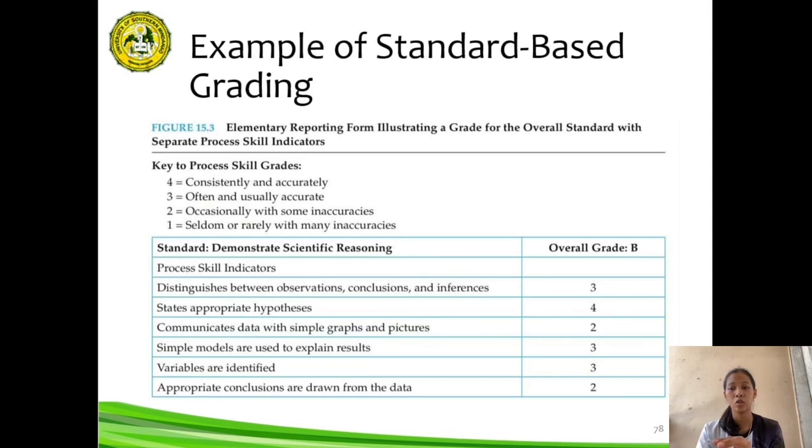Ito yung skills na nakapaloob sa standards na need ma-attain ng students. So the key to process skill grades, ito naman yung scale na gagamitin ng teacher para i-rate or score yung bawat indicator or yung specific skill na nakapaloob sa standard.